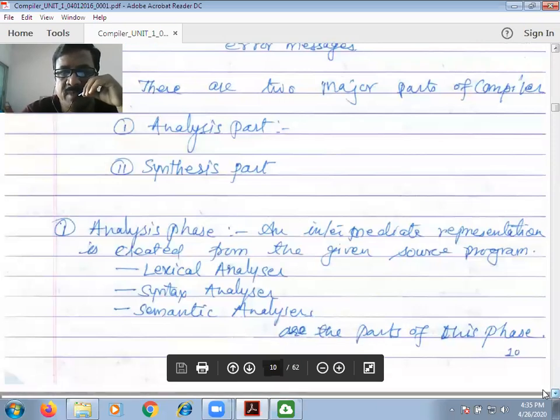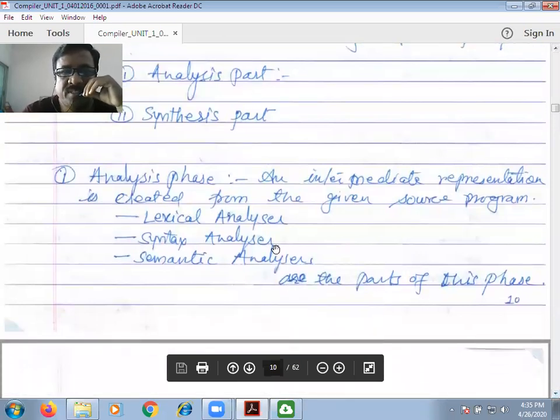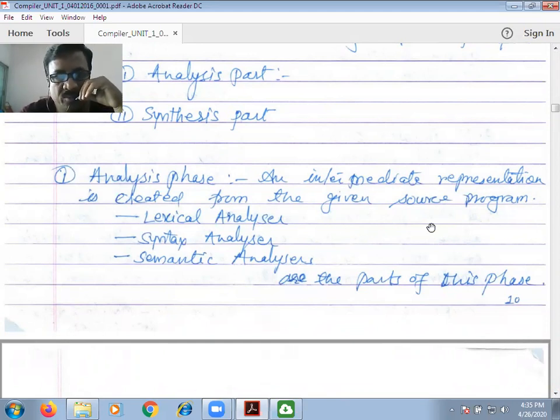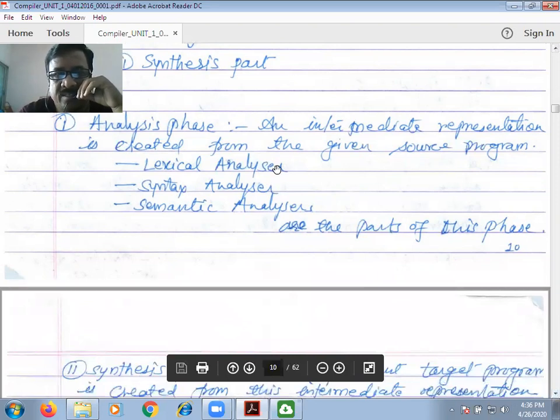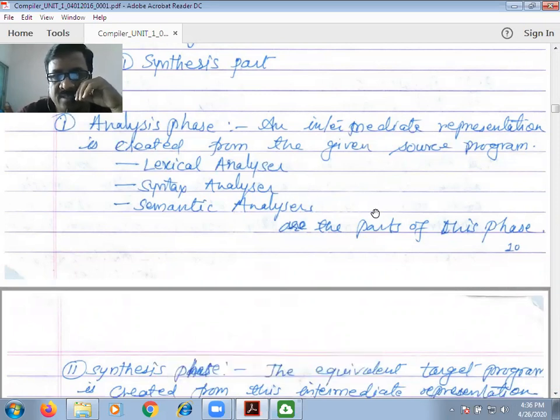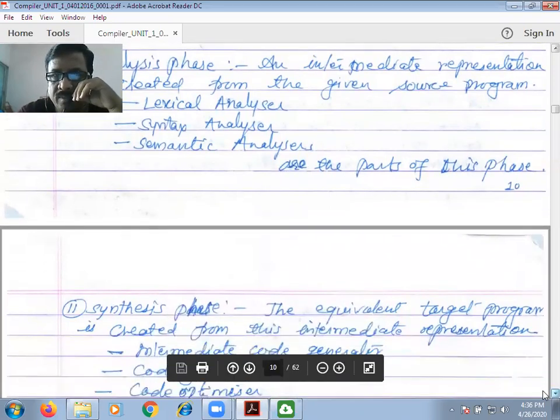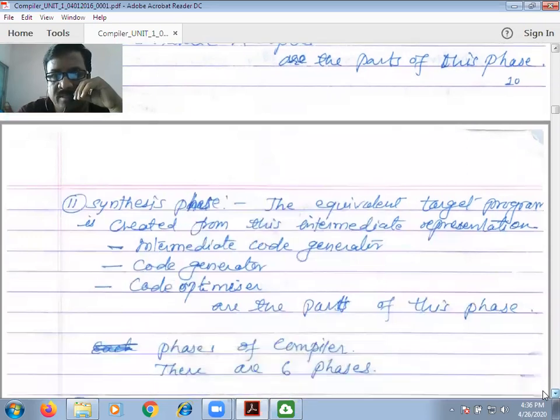In the analysis part, an intermediate representation of the source code is created from the given source program, and it constitutes three parts: lexical analyzer, syntax analyzer, and semantic analyzer. These are the parts of the compiler phase.